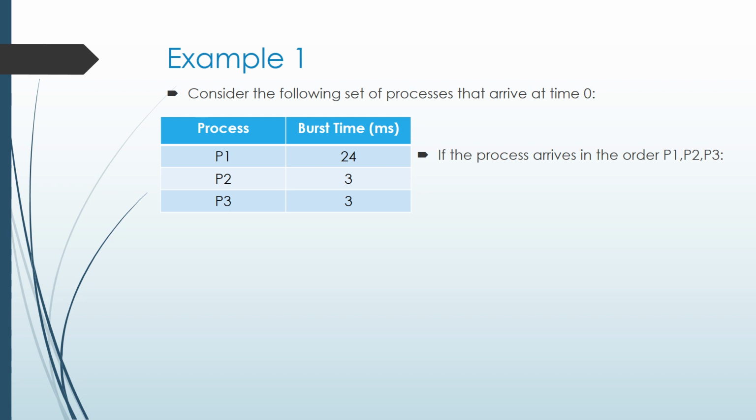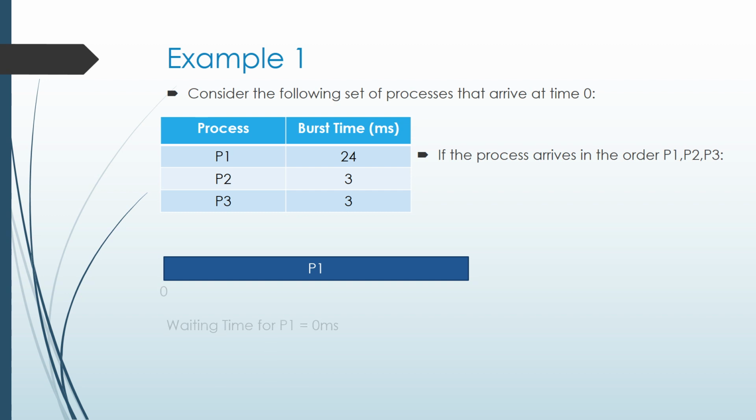P2 has a burst time of 3 milliseconds, and P3 is the same as P2, it takes the CPU 3 milliseconds to complete P3. Now let us consider these processes arrive in this order: P1 first, followed by P2 and P3.